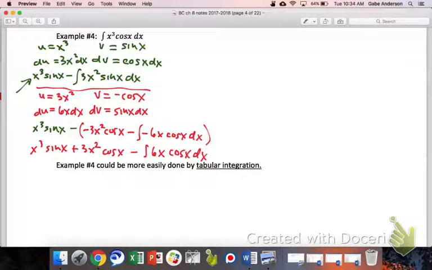I'm getting pretty close. I'm going to switch colors again for this next step.